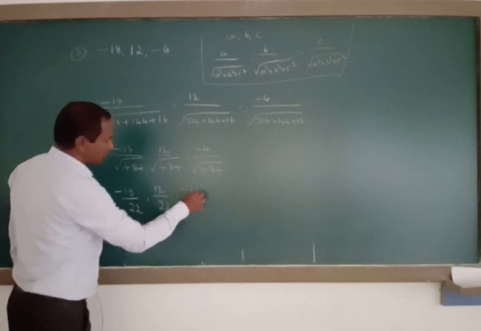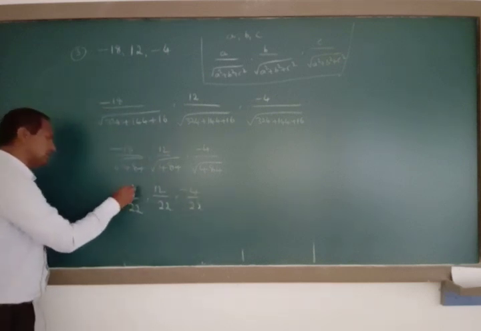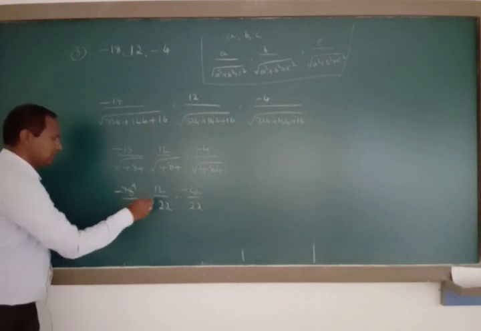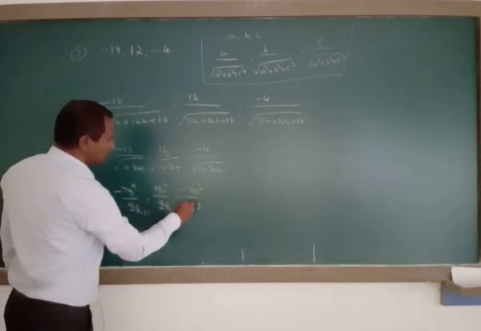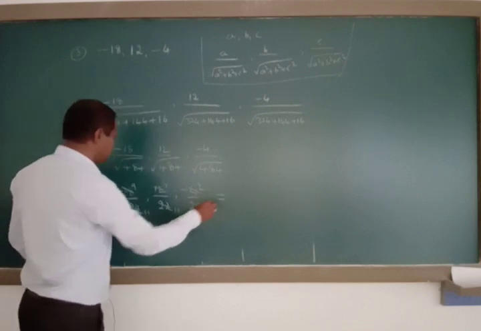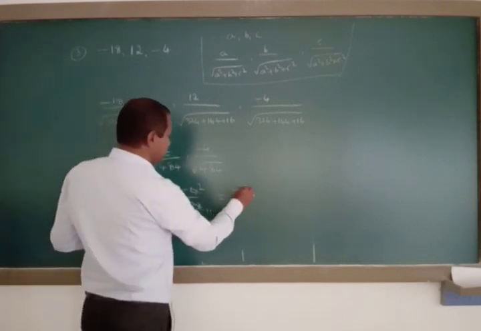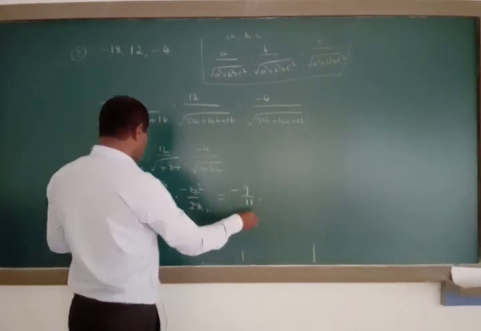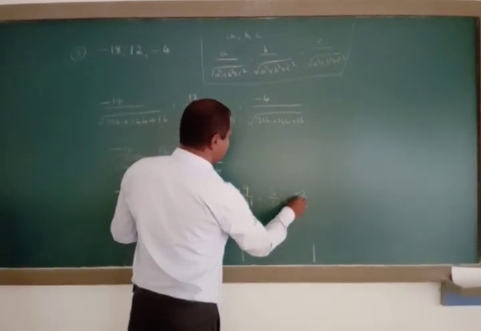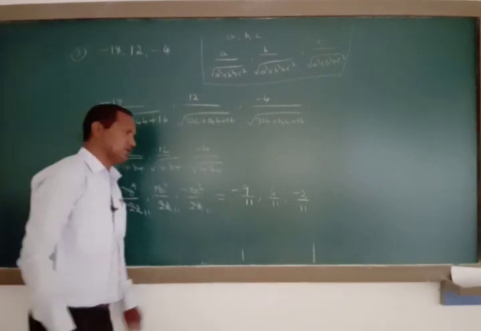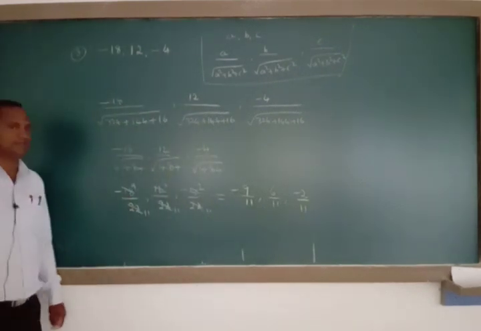On cancelling, we get 9 and 2 elevens, 2 sixes, 2 elevens, 2 twos are 2 elevens. The value becomes minus 9 by 11, 6 by 11, minus 2 by 11, which are the direction cosines of the required line.